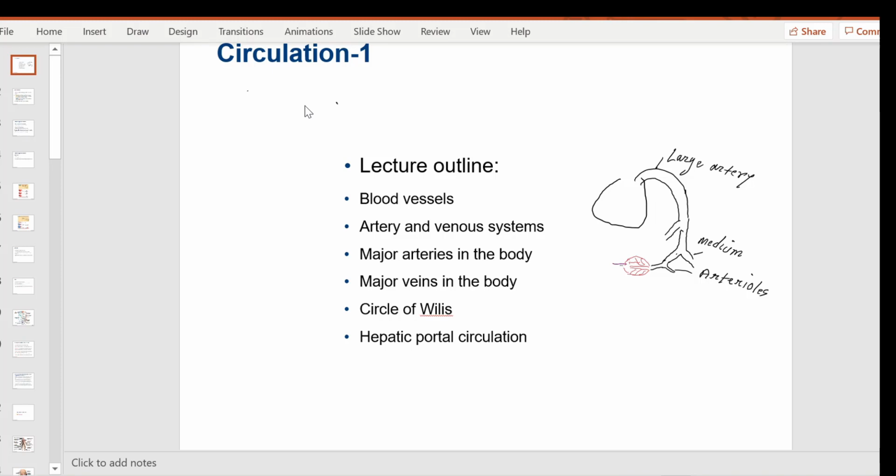So small vein receives blood from the capillary bed and gives the blood to a larger vein, and then the larger veins take the blood into the heart.